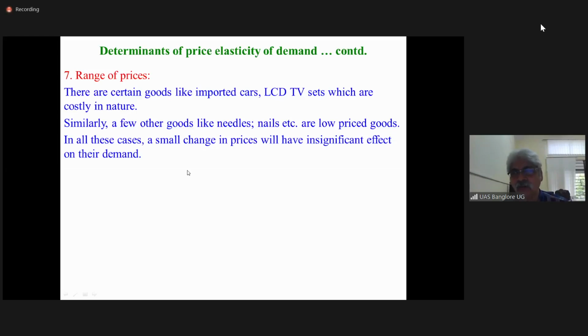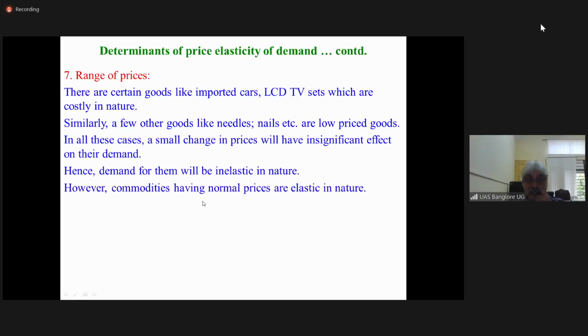When you are paying 50 lakh rupees, another 25,000, you say, okay, let me purchase it. So, range of prices. Very low priced, inelastic; very high priced, also inelastic. However, commodities having normal prices, 1,000 rupees, 2,000 rupees, 500 rupees, 100 rupees, it is elastic in nature.